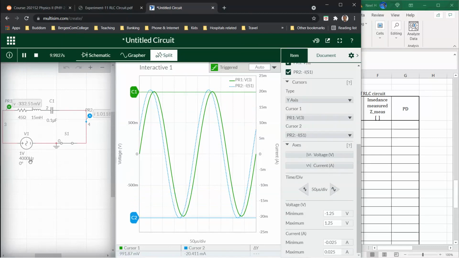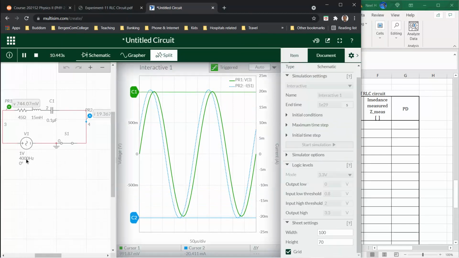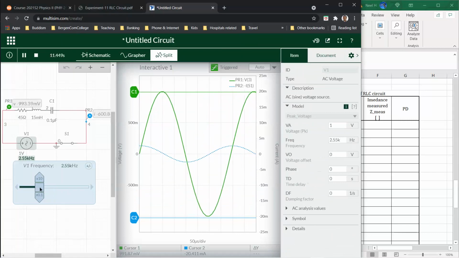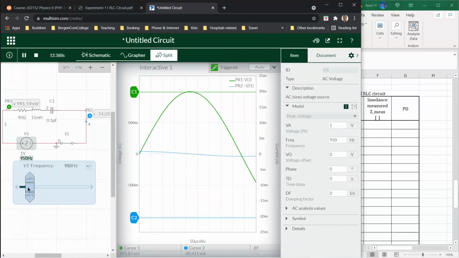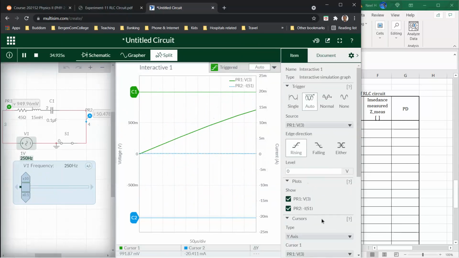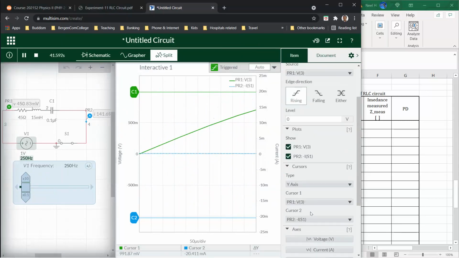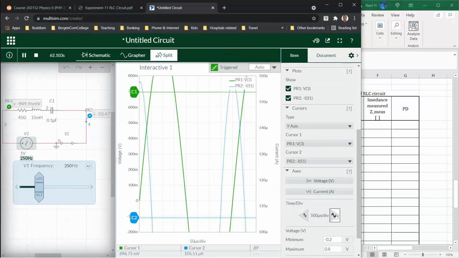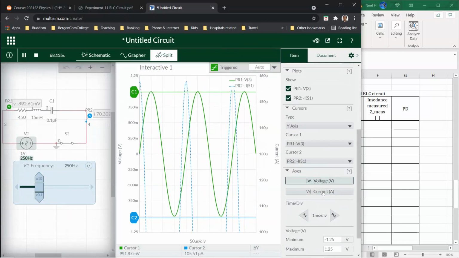Now the frequency is 4000. Let's bring it to a lower value, like maybe 500 or 200, okay? Then we'll increase from there slowly to see whether the observation we discussed earlier in the last chapter, when I have an RLC circuit, is the same observation I get here or not.